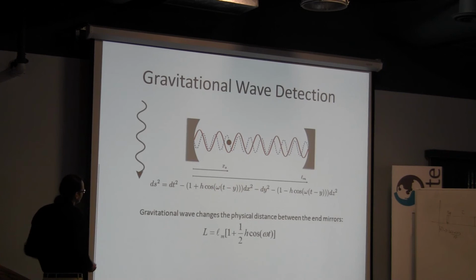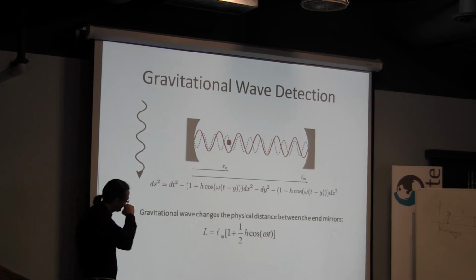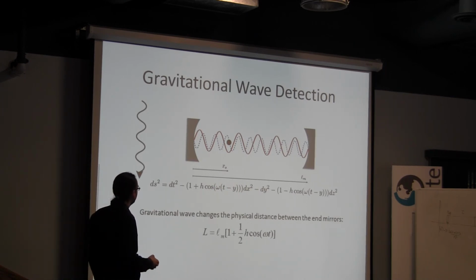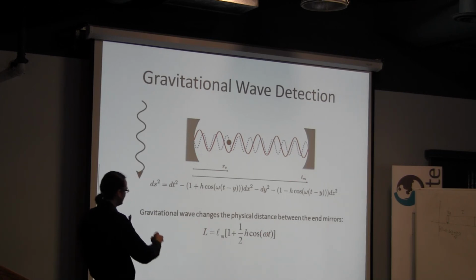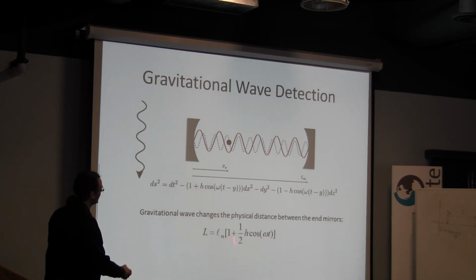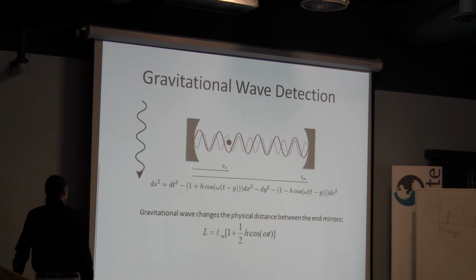And so what happens is that the gravitational wave is going to change the physical distance between the end mirrors. So the end mirrors here are separated by some distance L sub m. Then, as time passes, the physical distance of the system is going to be modulated by this function here, which describes the passing of this gravitational wave.